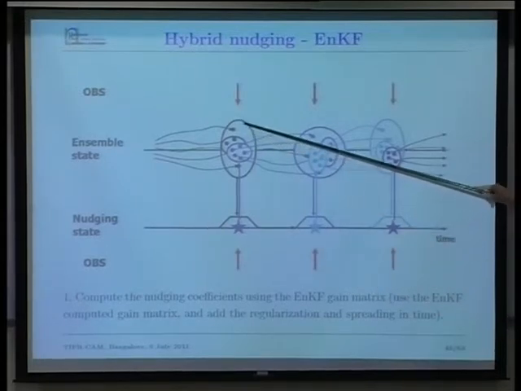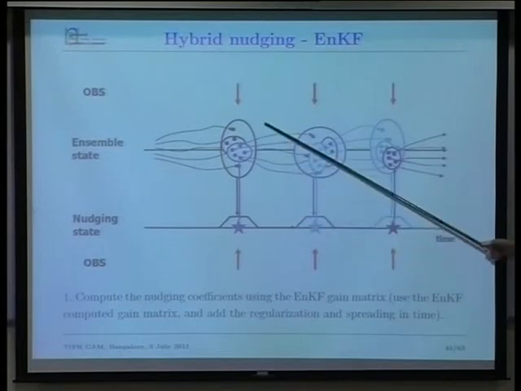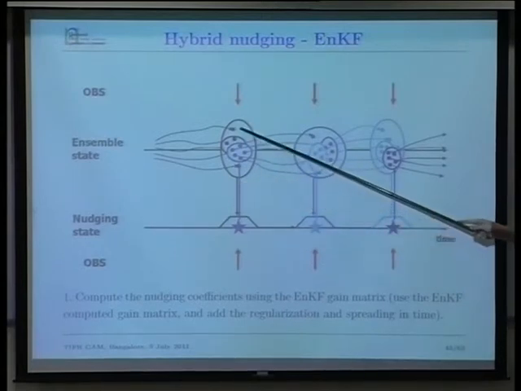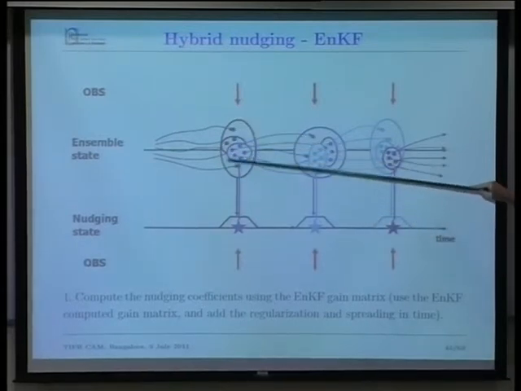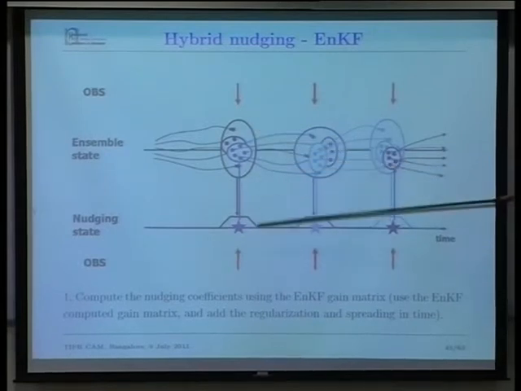And the gain matrix that you computed in the ensemble Kalman filter, you use it for the nudging matrix. If it was a standard Kalman filter, then once you have computed the Kalman gain matrix, you use it for the nudging.